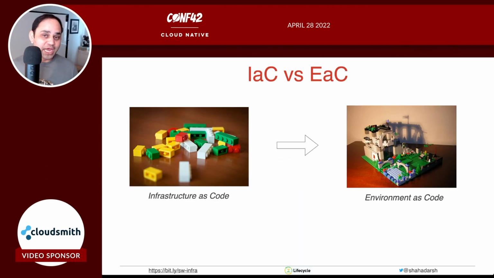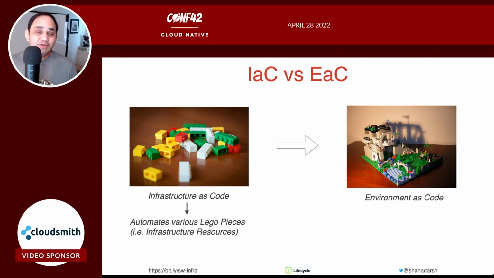But before we do that, let's show at a high level the difference between environment as code and infrastructure as code. Infrastructure as code automates various Lego pieces. If we take the Lego analogy, you have various pieces, which in this case are infrastructure resources or could be a group of them. Infrastructure as code automates those and is good at doing that.